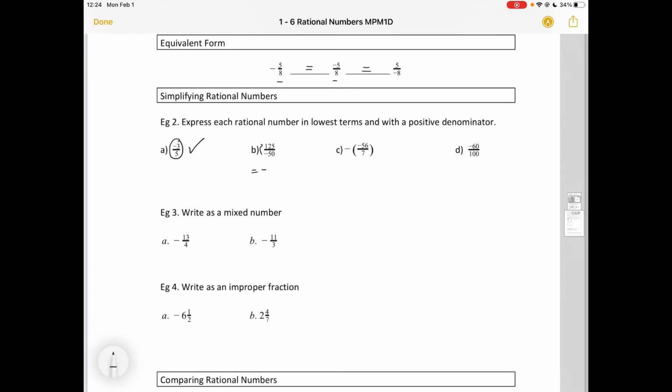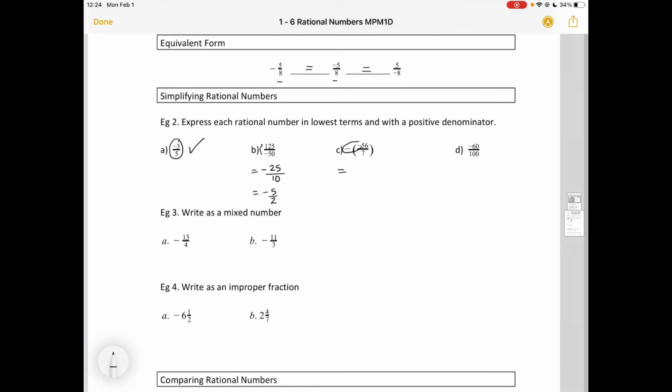And I'm going to start by dividing the top and the bottom by 5. So 125 divided by 5 is going to give me 25. And 50 divided by 5 is going to give me 10. I can continue dividing here by 5 again. So I get minus 5 over 2 as my final answer.